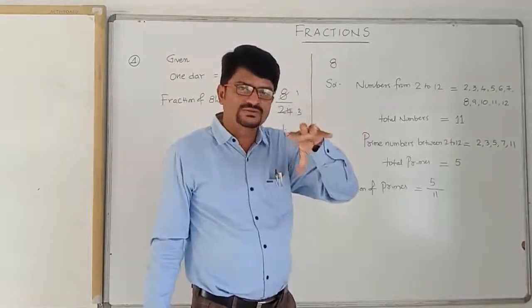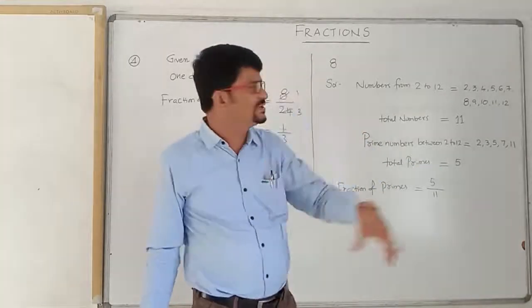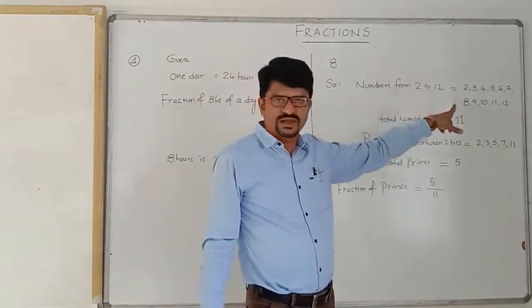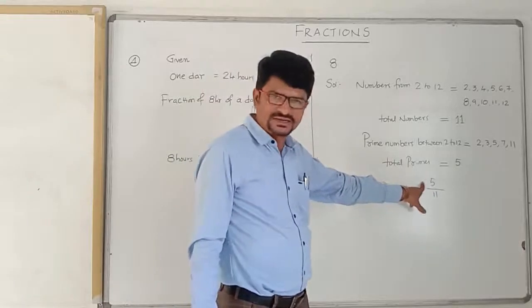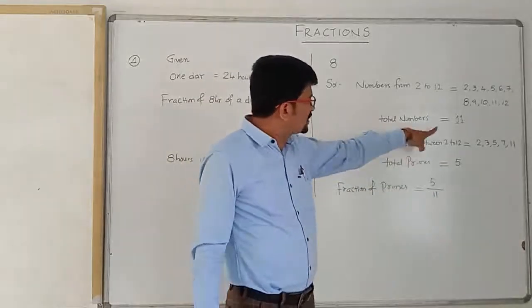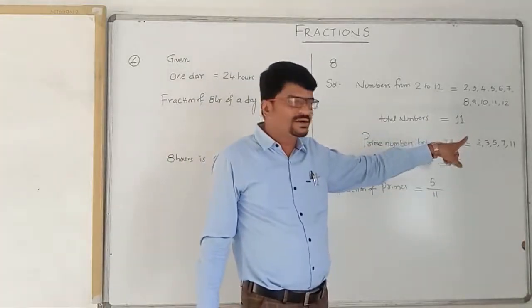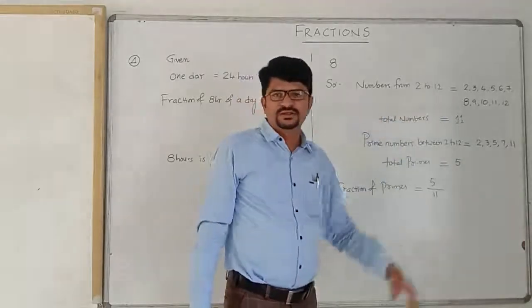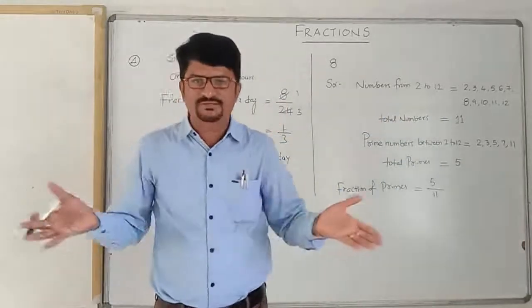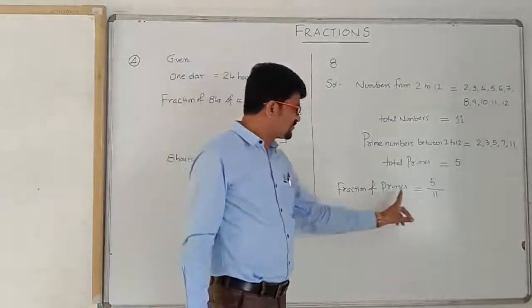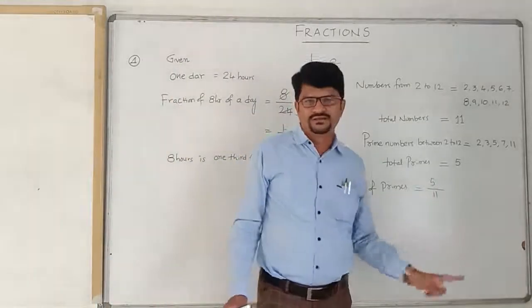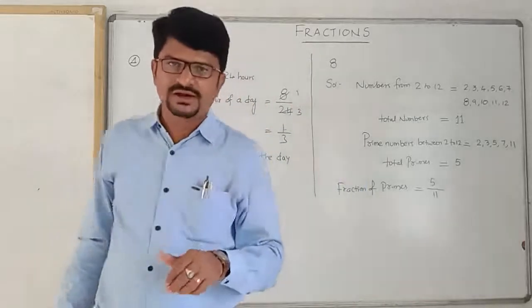Means, for prime numbers we are finding the fraction of primes between the numbers 2 to 12. 5 prime numbers are there, and 11 indicates total numbers. Therefore, the fraction of primes is 5 by 11. Clear, children? Got it? Write it.